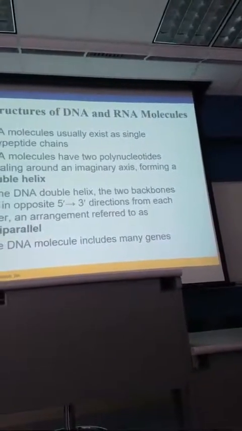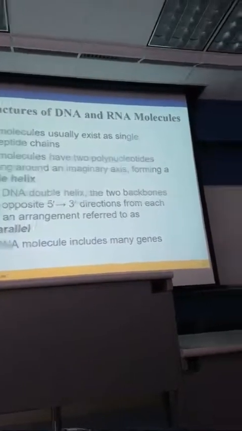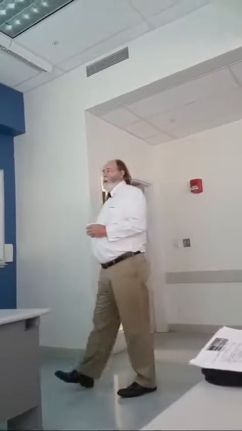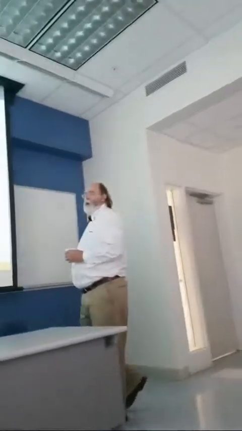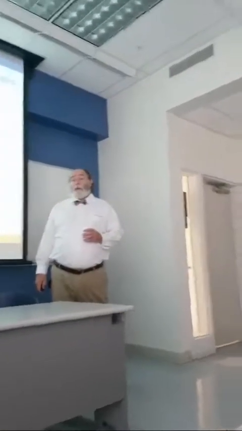One DNA molecule has many genes. A human being has around 14,000 genes. Thing about it is, we don't know what they all do. A project called the Human Genome Project has identified the genes, but we don't know what all of them do.